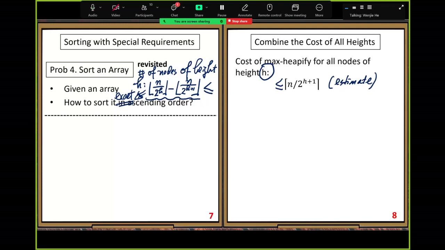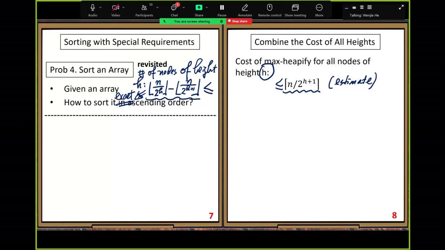So you may see some different expressions when you study the notes. Why do we use a different expression? The reason is when we do estimates, sometimes we like to use a convenient expression that is a little larger than the exact expression. That happens a lot.